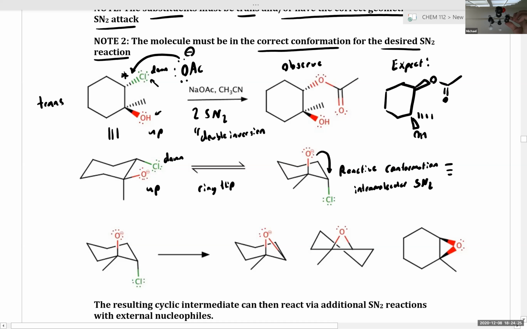So this intermediate, just to assign stereochemistry, are both of these oxygen substituents pointing up or down? If we had to draw a dash wedge depiction of this, are both of our oxygen substituents pointing up or down? Up, exactly. So this is our intermediate from the first step. Does that make sense to everyone?